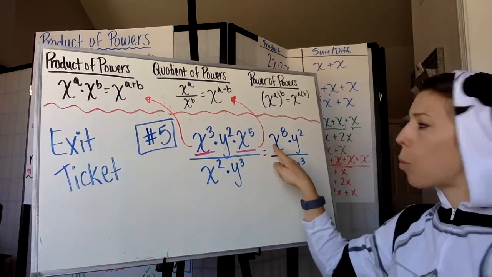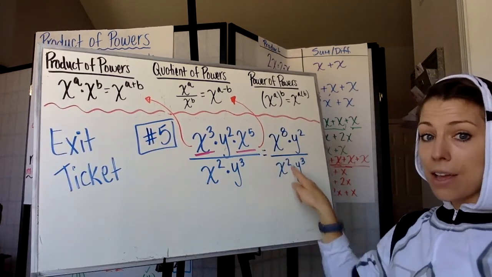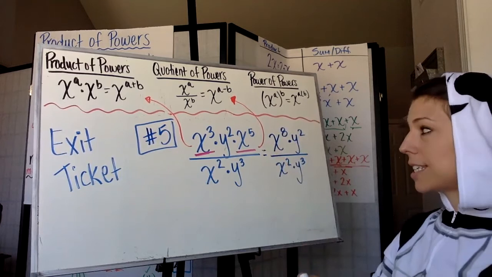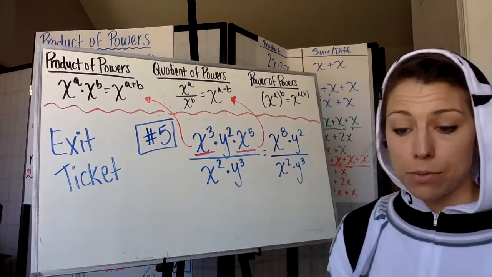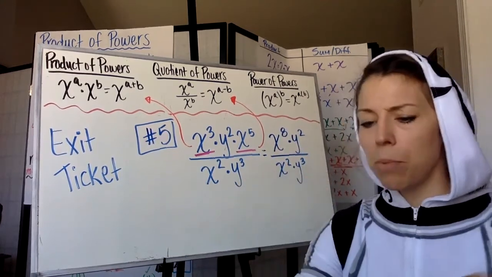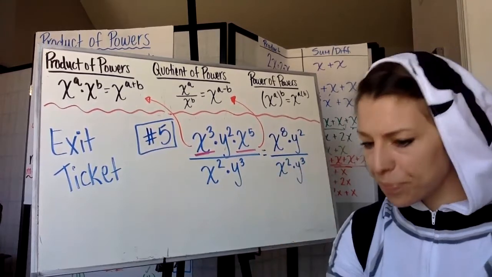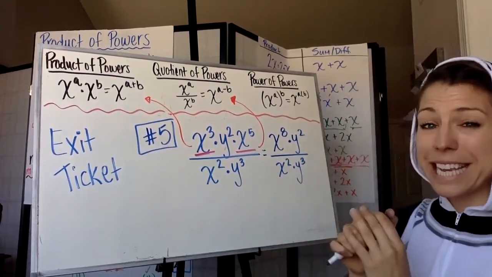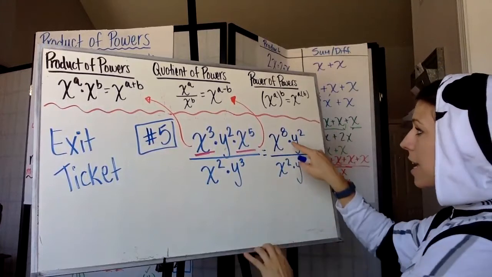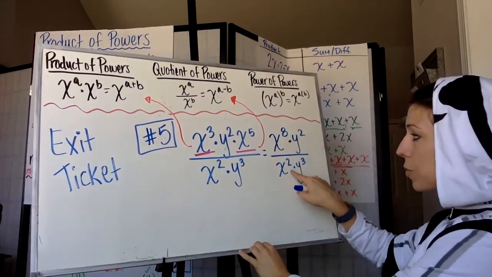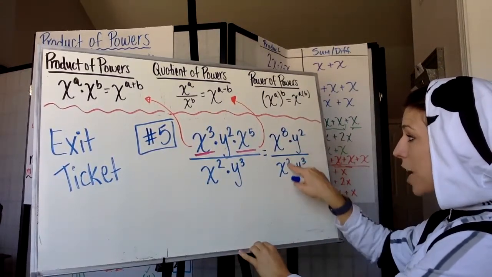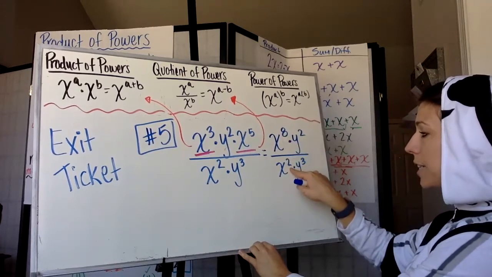Like I can't make a big 1 with an x and a y, but I can make big ones out of x's and x's. So I'm going to do this in one step, just so that you see. And again, you won't have to do problems like this just yet, but this is what's coming. I'm going to do this in one step just so you see how simple this can be. Ready? 8 x's in the numerator, 2 x's in the denominator, which means I'm taking away these 2. What is 8 minus 2?